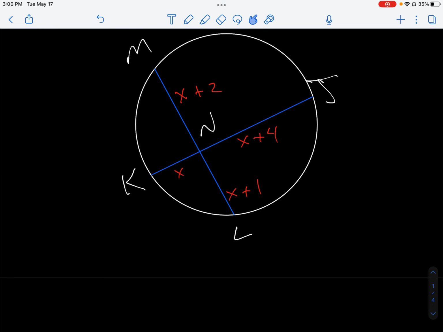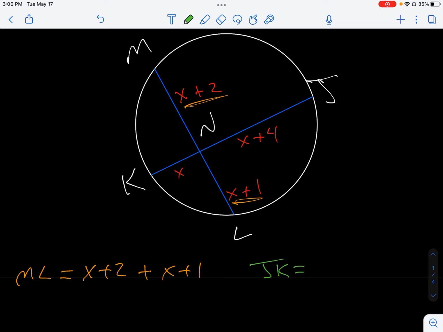So we know that the length of ML is going to equal x plus 2, this segment, plus x plus 1, this segment, and JK is going to equal x plus 4.